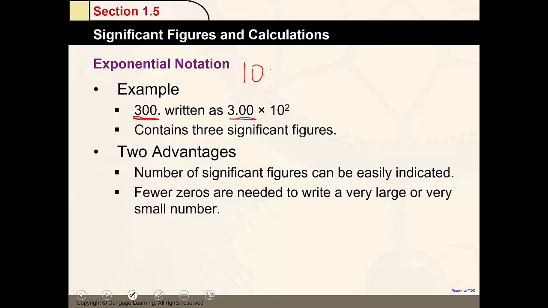However, coming back to the example that I said before, let's say we want to write 100 with 2 sig figs. So here, as written, it has 1 sig fig, but then when we add a decimal, now it has 3 sig figs. So the only way to write the number 100 with 2 sig figs is to write it in scientific or exponential notation, where we put 1.0 times 10 to the second.